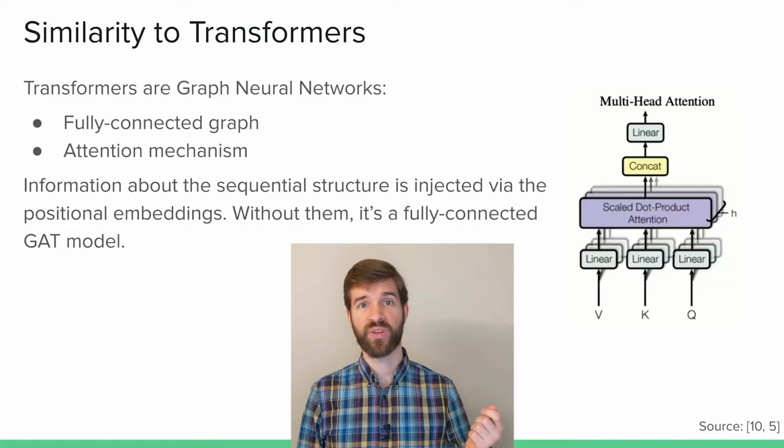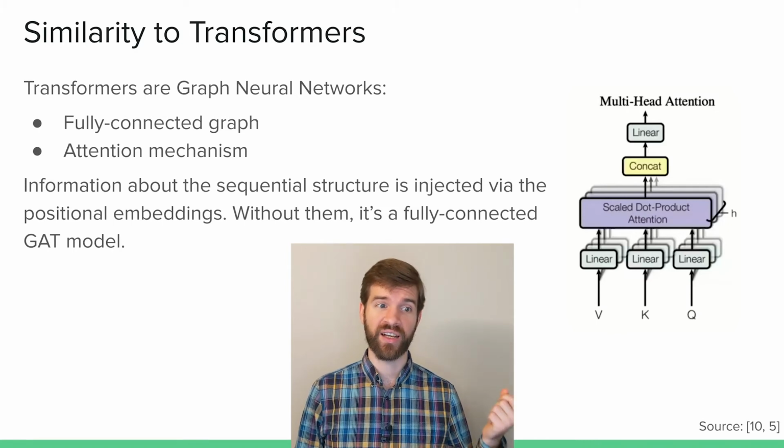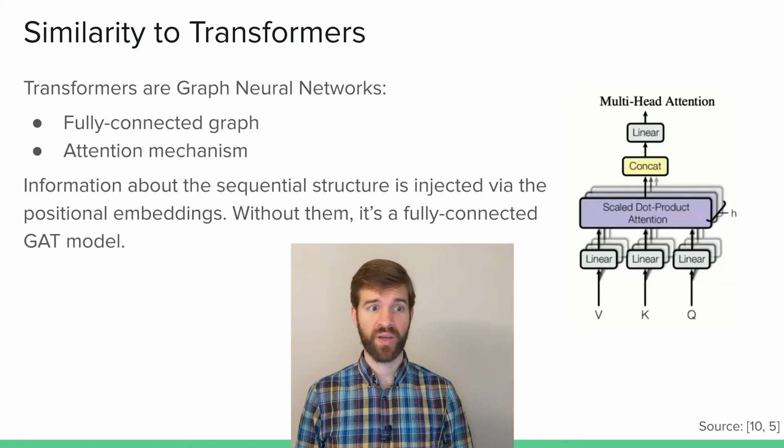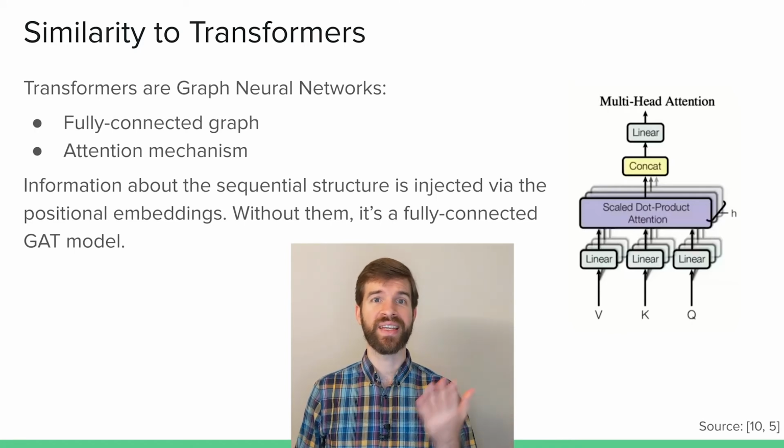And if you're now saying, wait a second, attention, I've heard this quite recently, then you're not alone, because we've talked about the attention mechanism in detail when we talked about transformers. And it turns out this is not a coincidence, because transformers in fact are a form of graph neural networks. If you have a fully connected graph and you use this attention mechanism, then a transformer is exactly the thing that we're doing here.